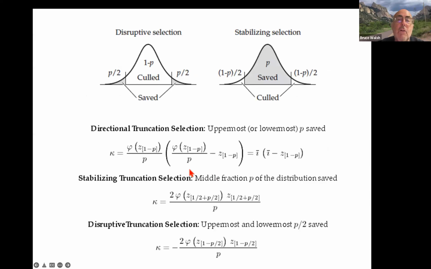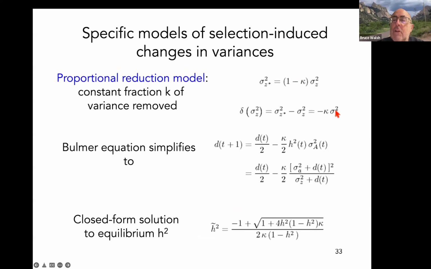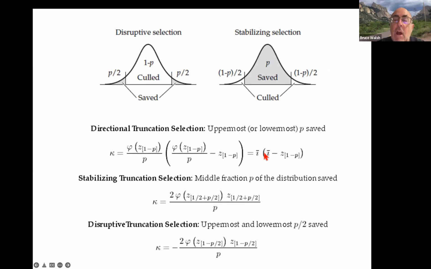And in particular, with directional selection, where I save the upper, let's say 5%, this coefficient k in terms of how it change, I can express that in terms of intensity. So the bottom line is, if I have directional selection, that gives me a measure of how much disequilibrium reduces the variance and allows me to use the Bulmer equation.